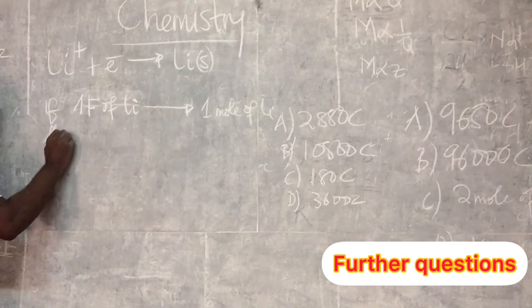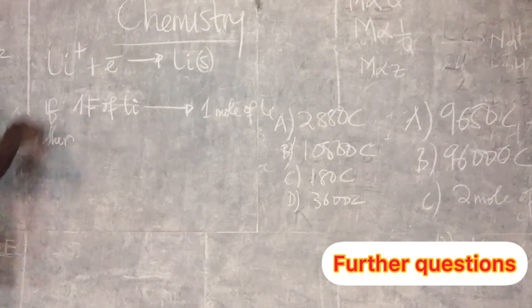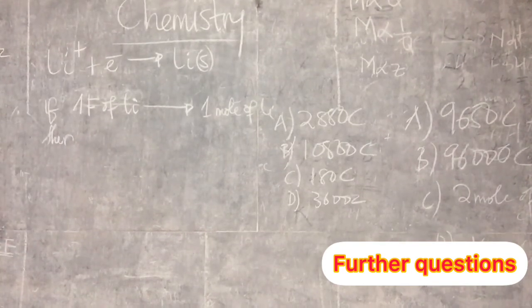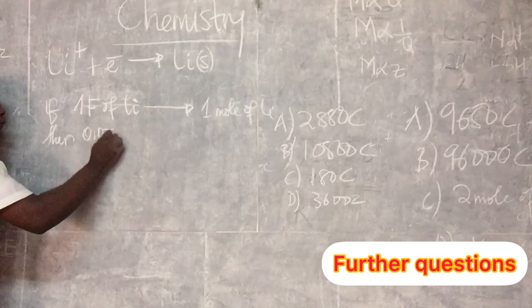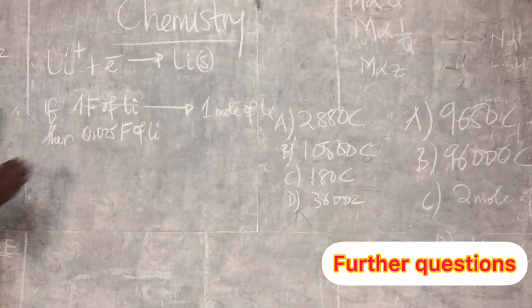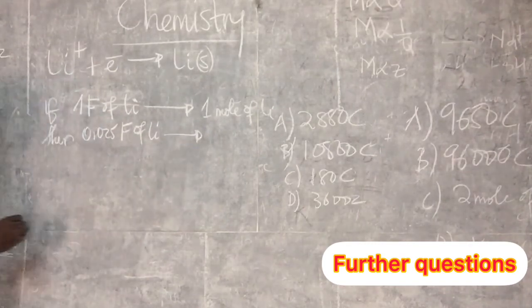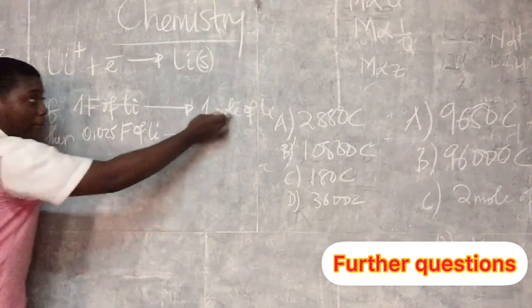Then, since here it was in Faraday, what was the amount of Faraday you calculated previously? 0.025. Then 0.025 Faraday of lithium will now give us what we want to calculate: moles. So see, this side is about moles.